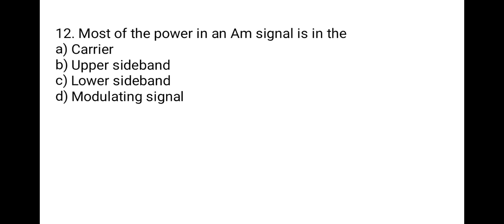The next question is, most of the power in an AM signal is in the: first option carrier, second upper sideband, third lower sideband, and last one is modulating signal. And the correct answer is carrier.